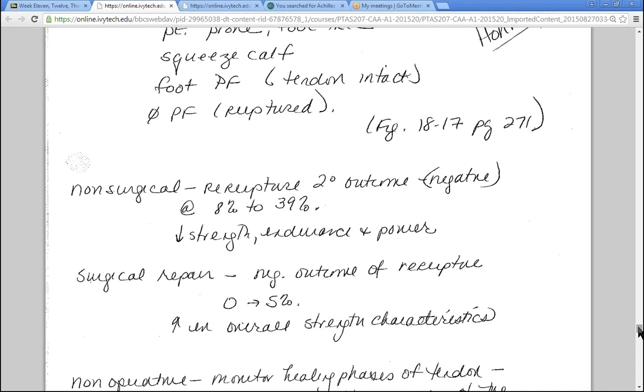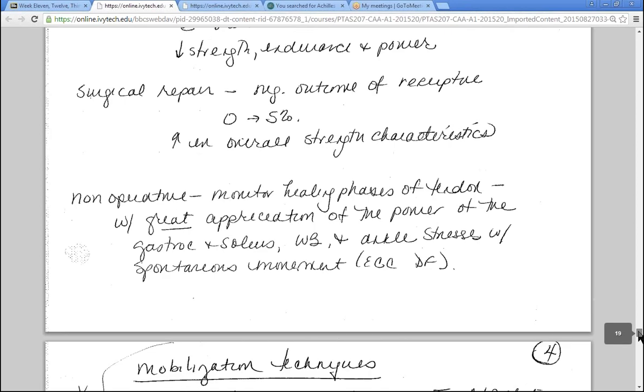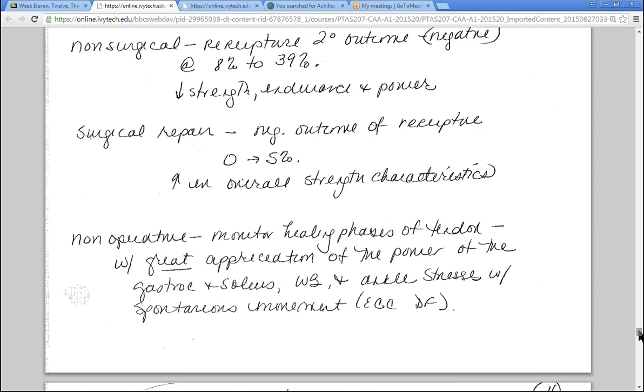For a negative outcome, a small injury will become a full rupture in about 8 to 39% of people. And without that repair from that small injury, they already have decreased strength, endurance, and power. As such, it will take less to cause it to rupture again. If they have this surgical repair, the negative outcome of a re-rupture is 0 to 5%. So they are better off functionally, especially with that muscle power, to have a surgical repair than not.